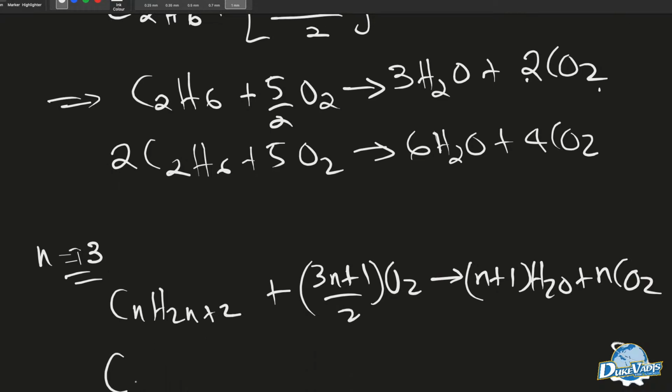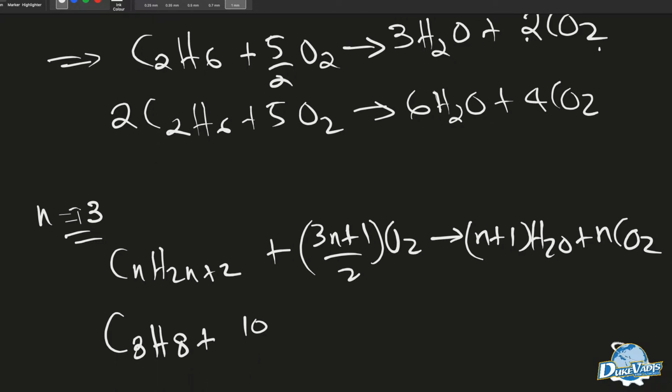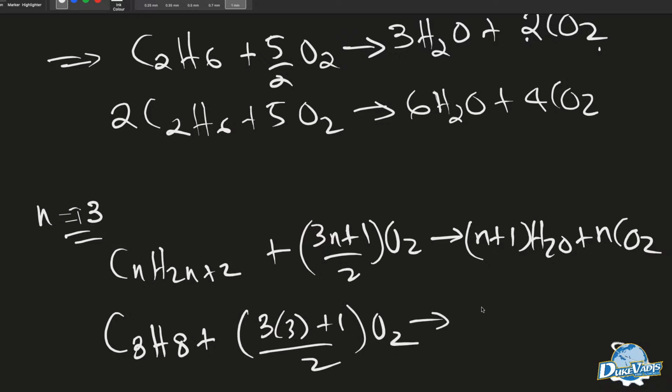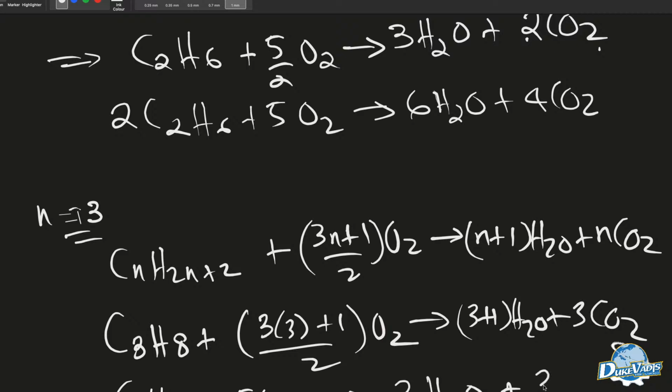So n equals 3, we have C3H8, plus 3 times 3 is 9, 9 plus 1 is 10, so 10 over 2 is 5 oxygen, and that will give us 3 water plus 3 CO2. Now let's see whether it's true.